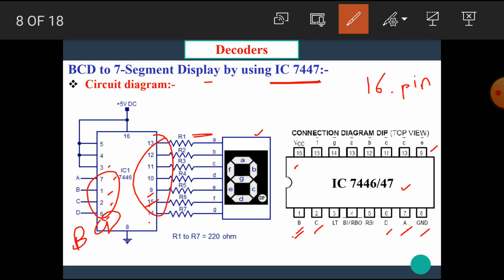The pin number 3, 4 and 5 are LT, that means lamp test, BI/RBO, that means blanking input or ripple blanking output, and ripple blanking input. These are all connected to the plus VCC. Here pin number 16 is VCC and pin number 8 is ground.